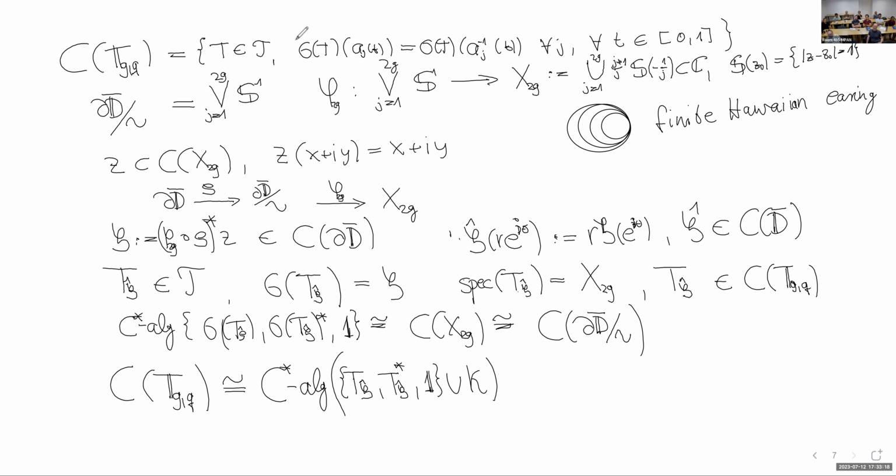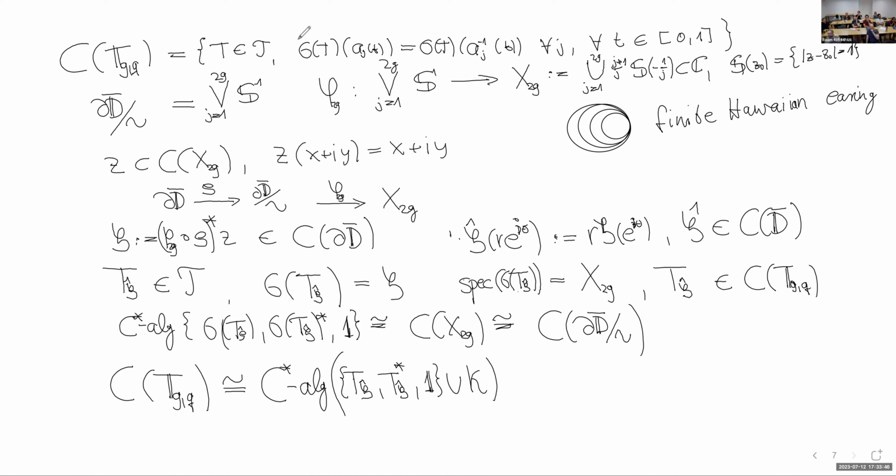For the Toeplitz operator, the spectrum is the image of the function on the circle, and that gives you this compact set in the complex numbers.